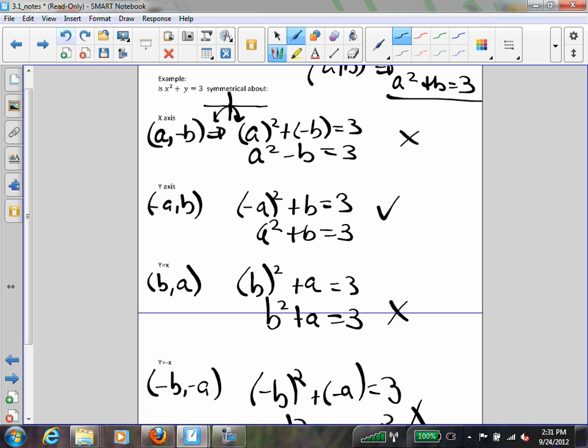This is what this looks like. It's a parabola. It's actually been shifted up 3 units for the vertex, but this is a parabola. If I were to solve this, it would be y is equal to negative x squared plus 3, isn't it? Isn't that a parabola pointing down? It doesn't make sense that it would be symmetrical around anything but the y-axis.